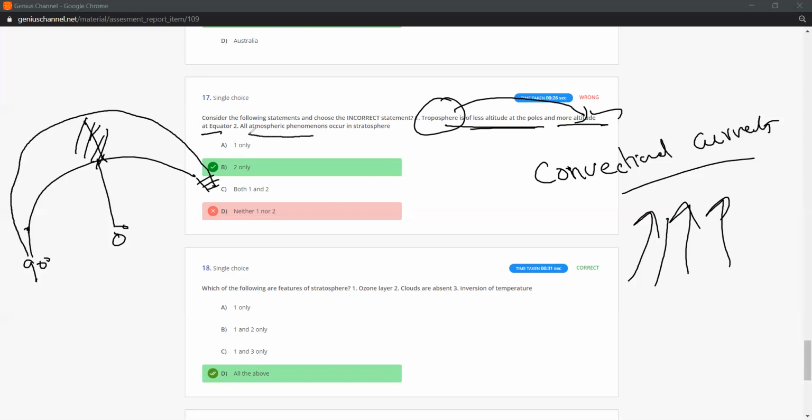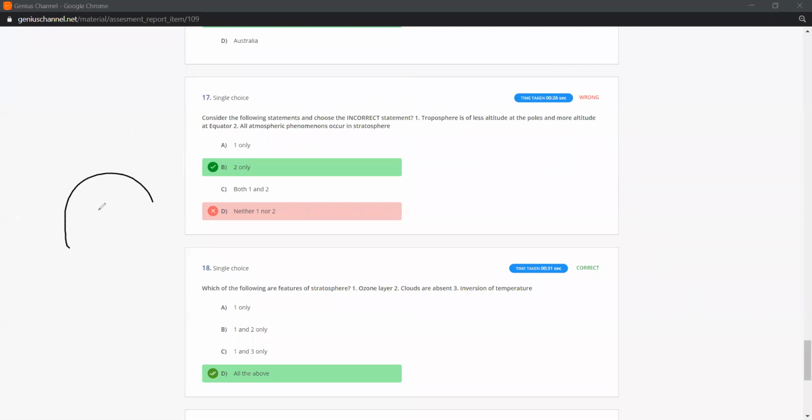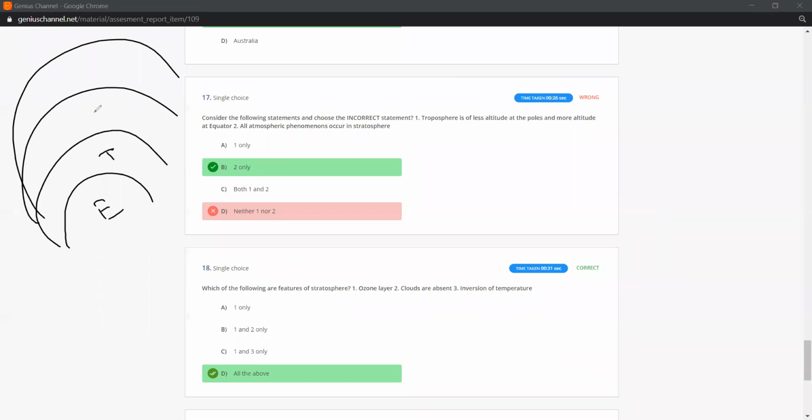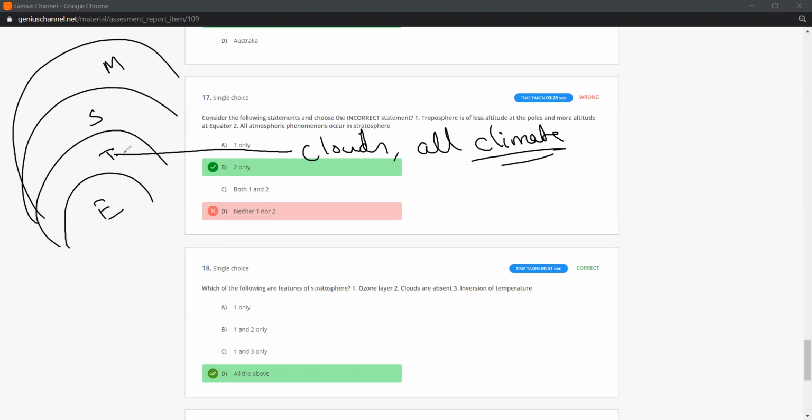All atmospheric phenomena occur in the stratosphere. That statement is wrong. All atmospheric phenomena happen in the troposphere. If this is the Earth, you have different layers: first the troposphere, then the stratosphere, and the mesosphere. Only in the troposphere do you get clouds. All climatic activity happens only in the troposphere.